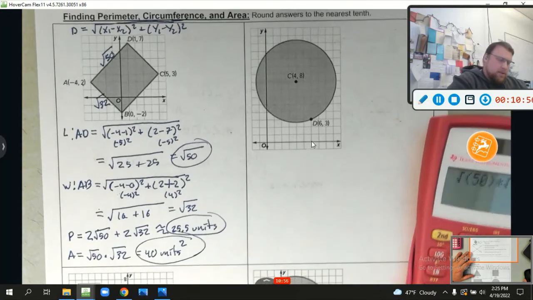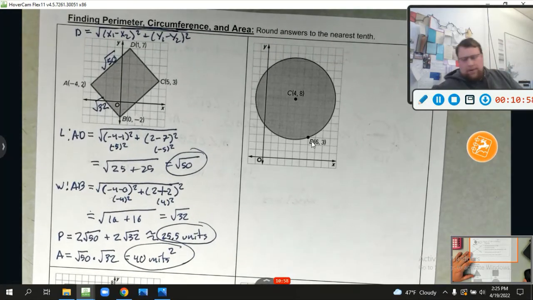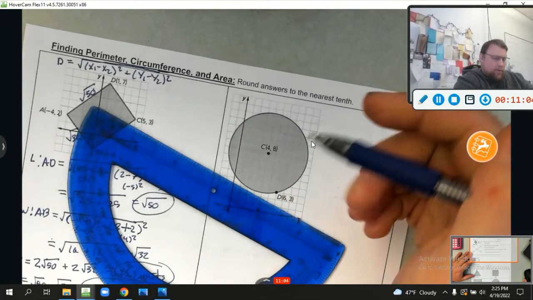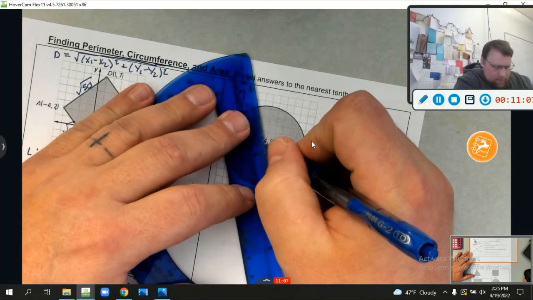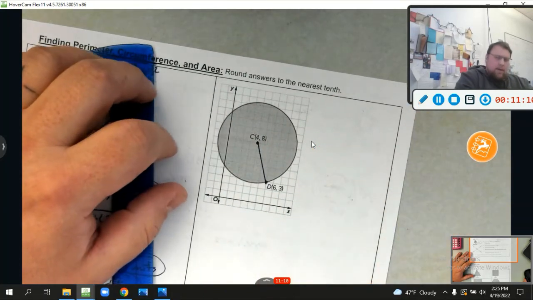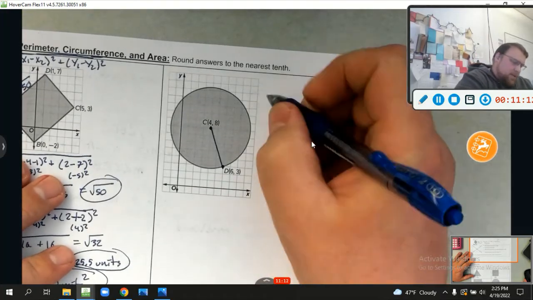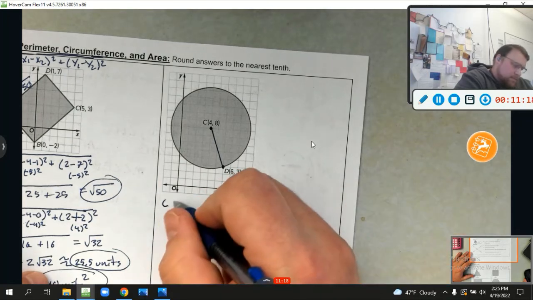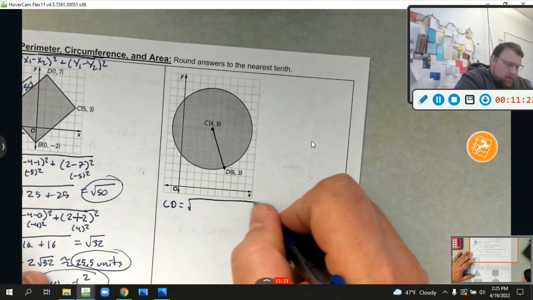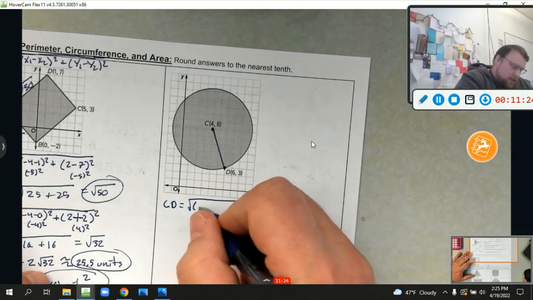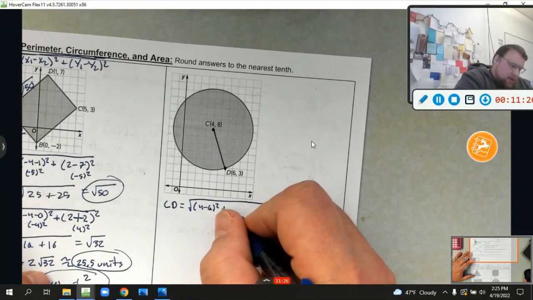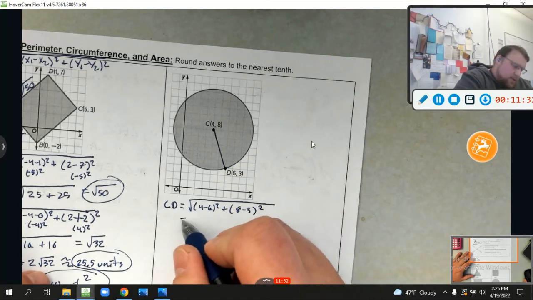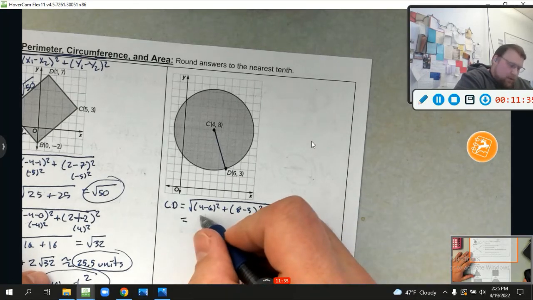Now let's go ahead and repeat the process with this circle over here. With the circle, we need either a radius or a diameter. In this case, we're given a radius right here. But again, I don't know that distance, so I'm going to find the distance of CD. CD equals the square root, again, of my x's, so 4 minus 6 squared, plus my y's, 8 minus 3 squared, which equals, well, first of all, what do I know?